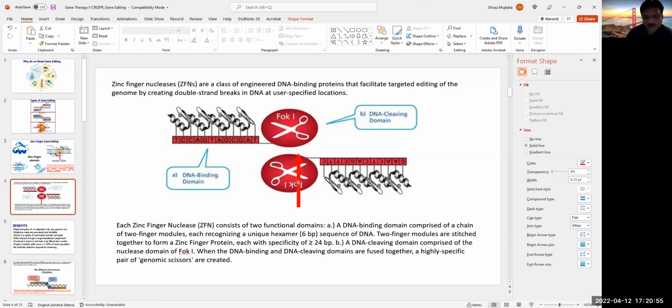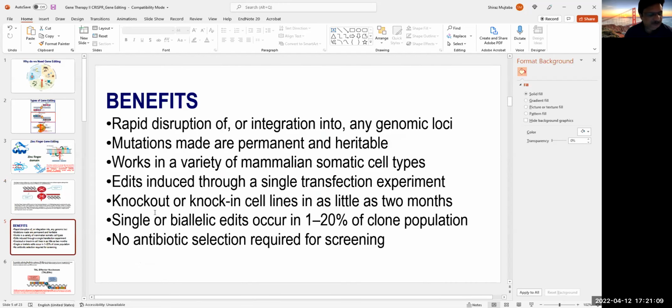So there are a lot of off-target effects, meaning that in addition to binding to the specific target, they also bind to non-specific targets. So it's very difficult at this stage to take it to a therapeutic level. So its benefits are very limited, in terms of generating mutations in the lab, but it may not be tried in a human system.